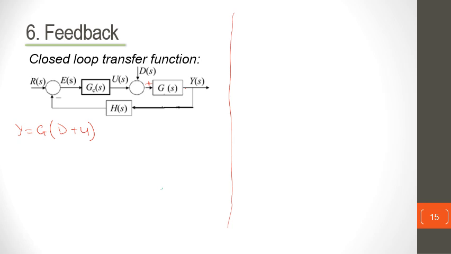So y is equal to g times (d plus u), equation 1. However, you see that the input u itself is equal to the controller transfer function multiplied by the error signal.